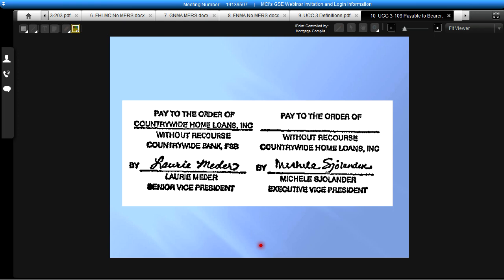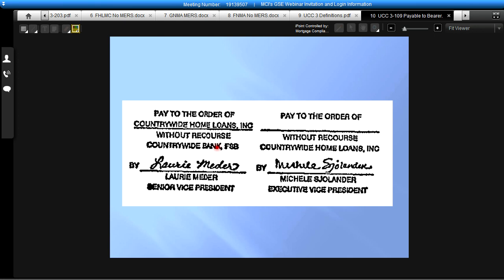Okay, the Doe note has also been endorsed by Countrywide Bank FSB. The endorsement says, pay to the order of Countrywide Home Loans, Inc., without recourse.